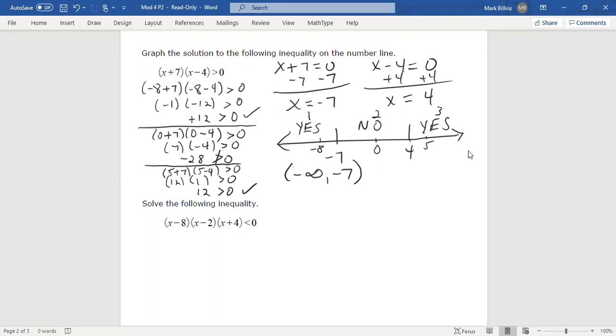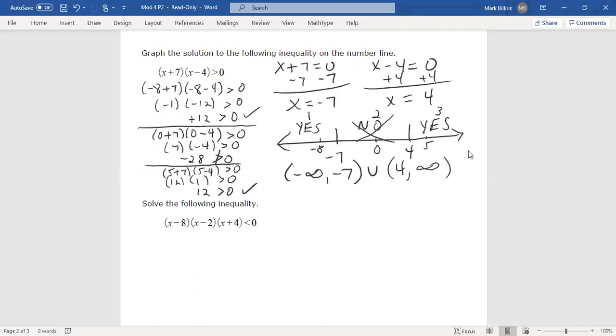Since I have two intervals, I'm going to use union. The second interval did not work, but the last interval did when I used 5 as my test point. I don't use that in my answer, I use the interval. So the interval began at 4 and continued to infinity. And again, parentheses.